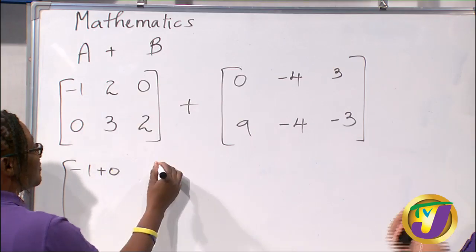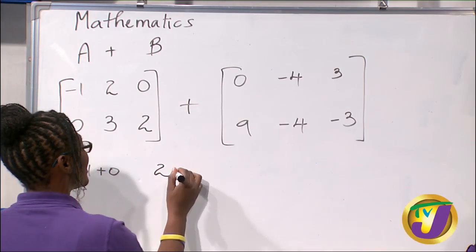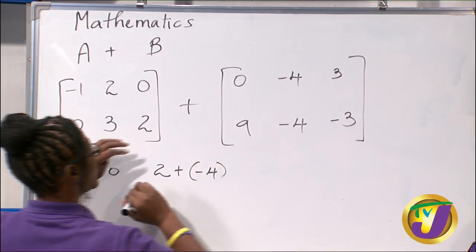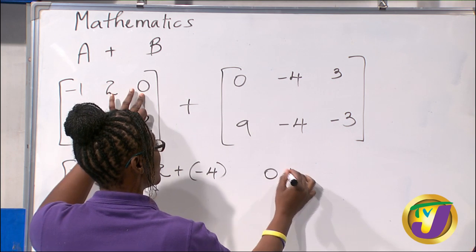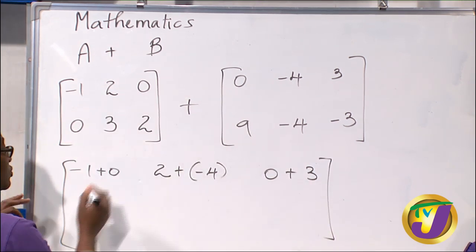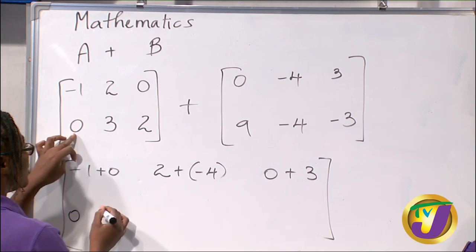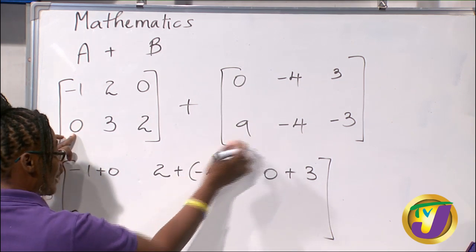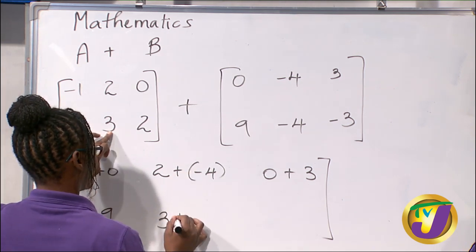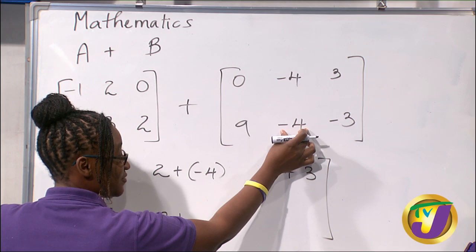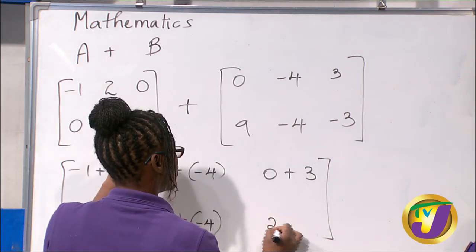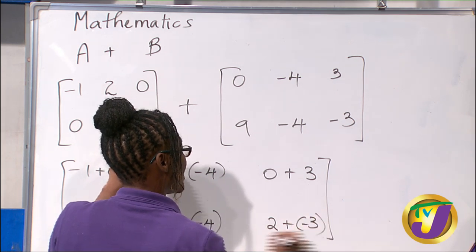Then 2 plus negative 4, followed by 0 plus 3. Now moving to row 2: 0 plus 9, 3 plus negative 4, and 2 plus negative 3.